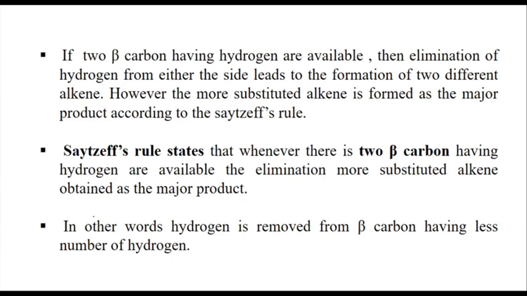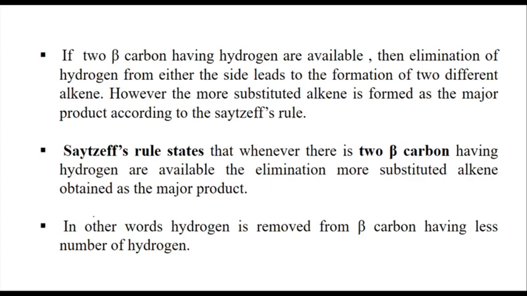Okay, so in case the haloalkane has two beta hydrogens, right, the elimination of hydrogen from either side leads to the formation of two different alkenes. However, the more substituted alkene is formed as the major product according to the Saytzeff rule.